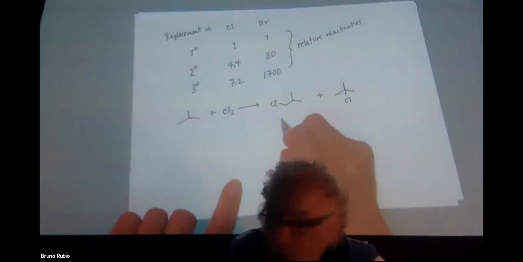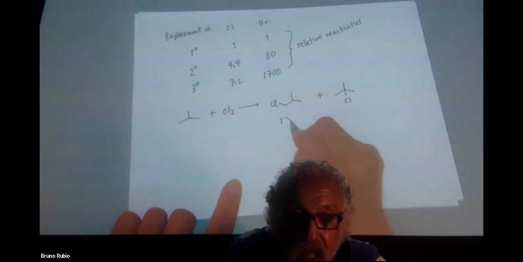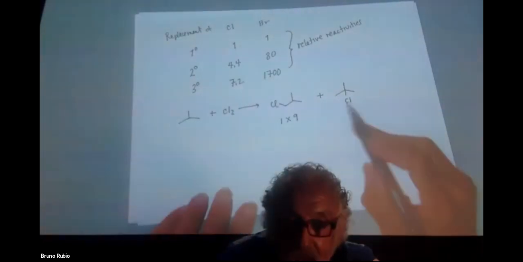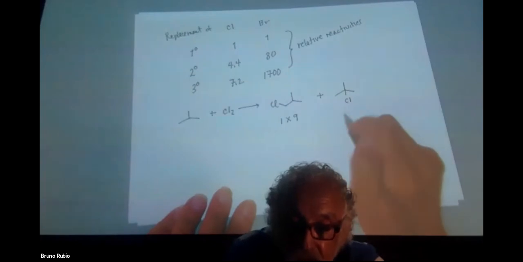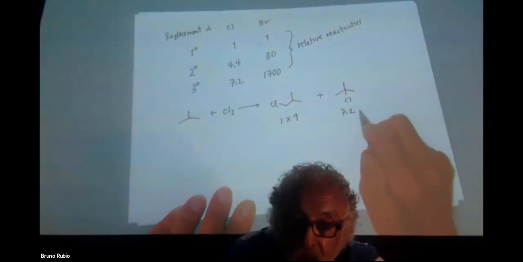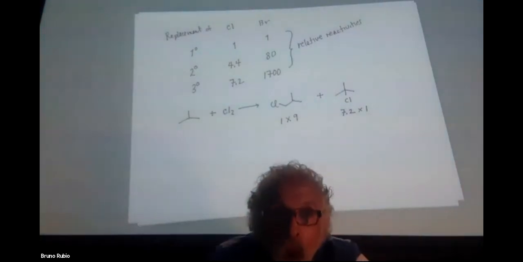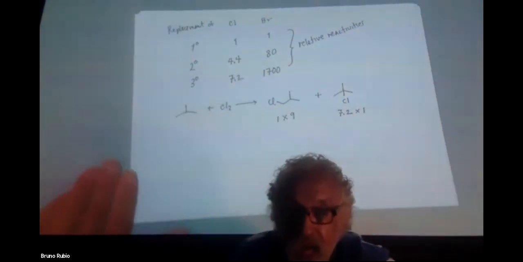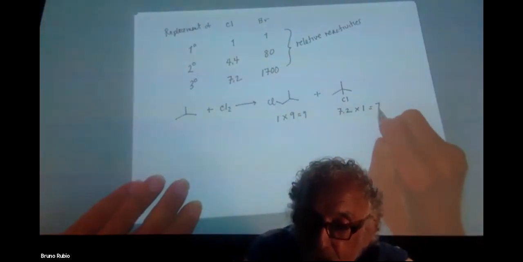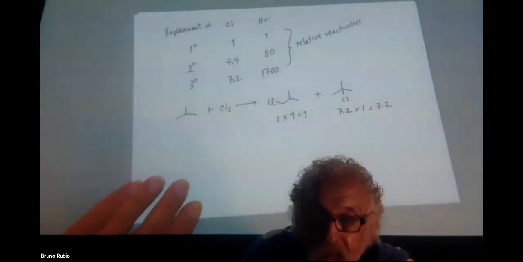So it will be the relative reactivity times a statistical factor. This guy over here will be the relative reactivity, 7.2, replacement of a tertiary, times a statistical factor. There's only 1 such proton. So this worked out to 9, and this worked out to 7.2, correct?